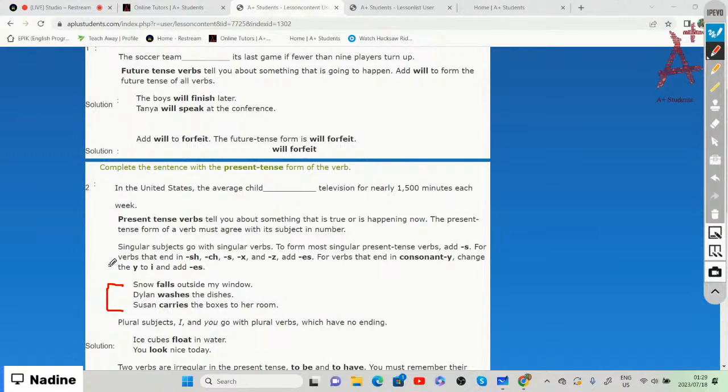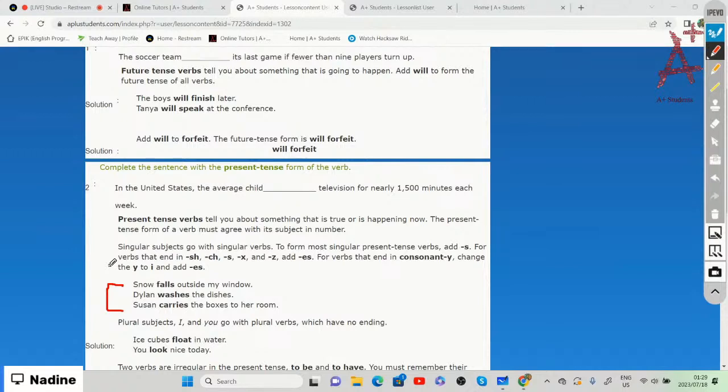The next one is Dylan washes the dishes. So not Dylan wash the dishes, Dylan washes the dishes, by adding an ES because wash is a verb that ends in sh. Susan carries the boxes to her room.